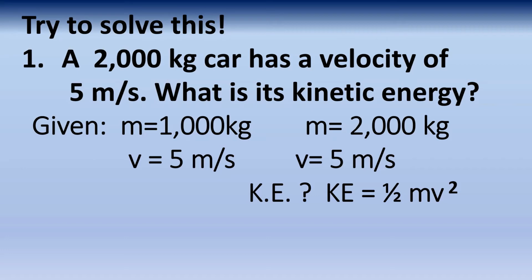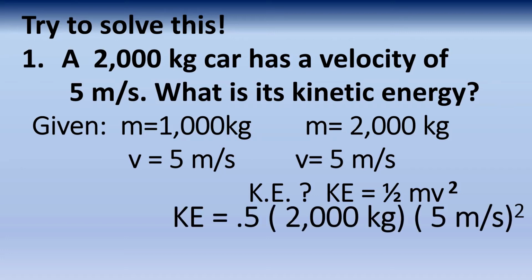The solution is to find the given. One given is 2,000 kilogram, that's the m. The second given is 5 meter per second, that's the velocity. Then write the equation for KE, that is 1/2 mv squared.